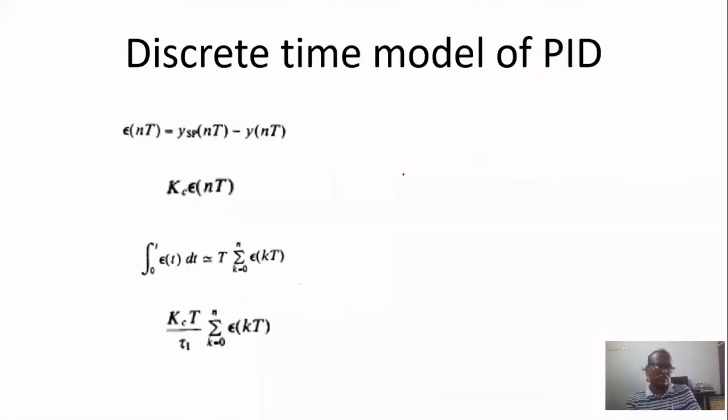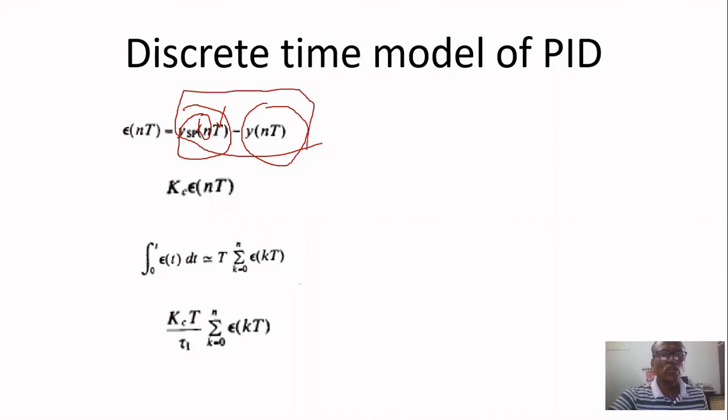How to represent a PID controller in discrete form? In the discrete domain, how to find the error? At the nth sampling instant, what is the set point? y set point of nT, where T is the sampling period. What is the process variable at the nth sampling instant, y of nT? If you find the difference between the two, it gives e of nT.